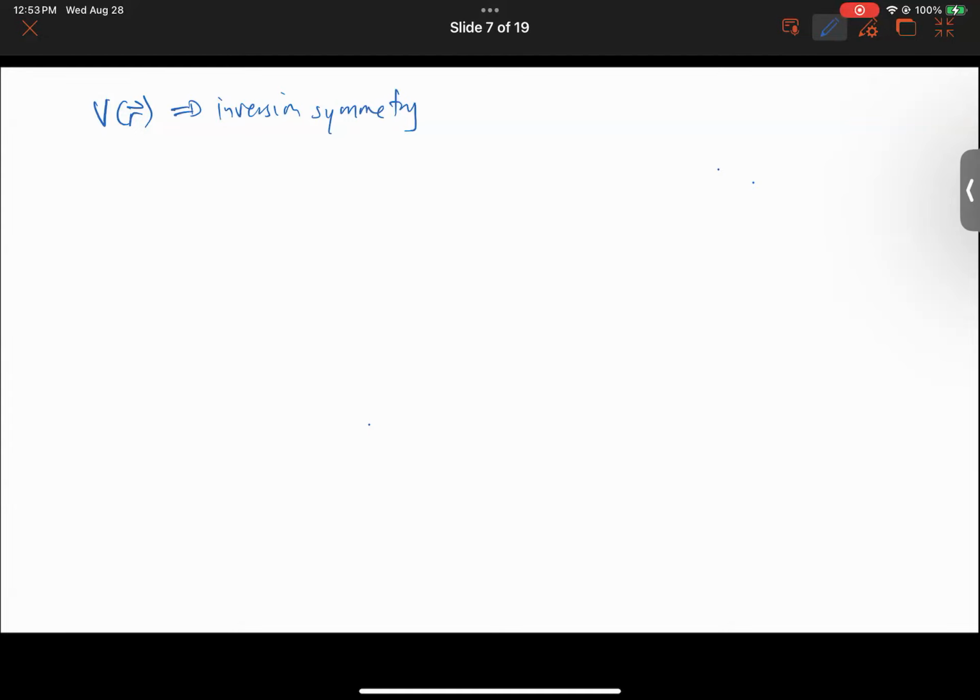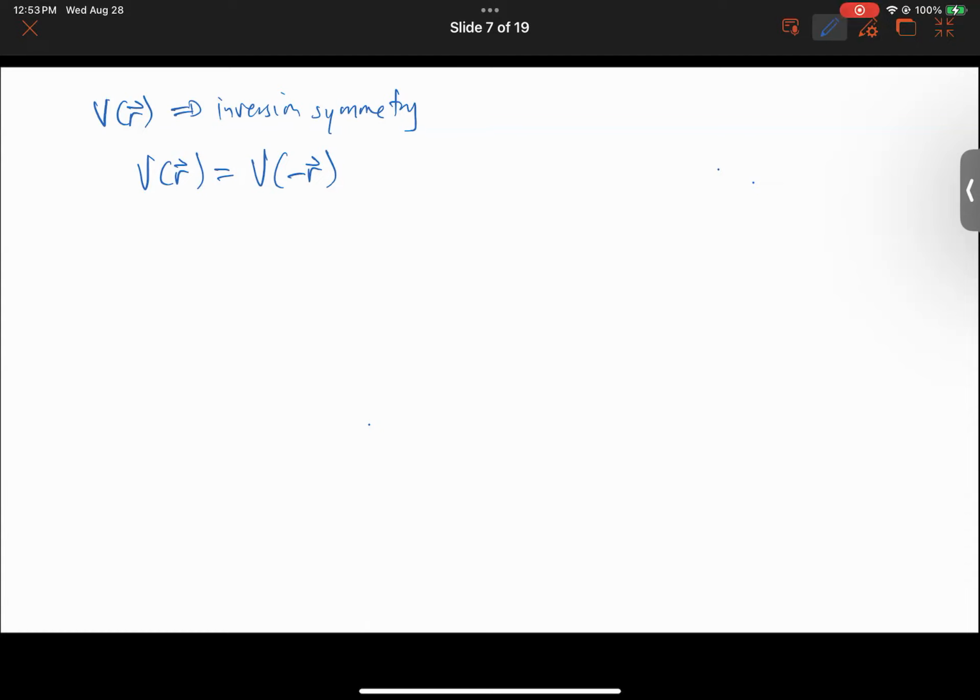What does inversion symmetry mean? What this means is that if we invert the space, mathematically you let R be equal to negative R, or R becomes negative R. Then you end up with the same result.